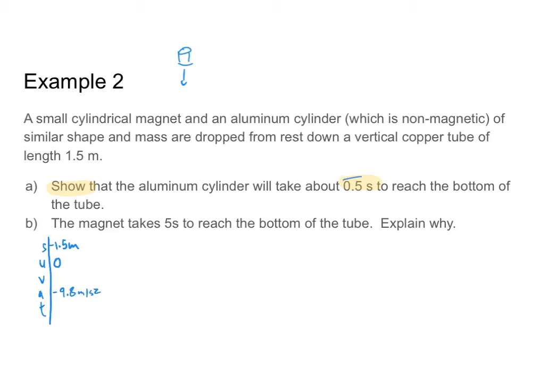And I'm trying to show that it takes about 0.5 seconds to reach the bottom of the tube, so my time is going to be my unknown. So, knowing that v is my extraneous variable, I will be using the equation s equals ut plus 1/2 at squared to solve this problem.